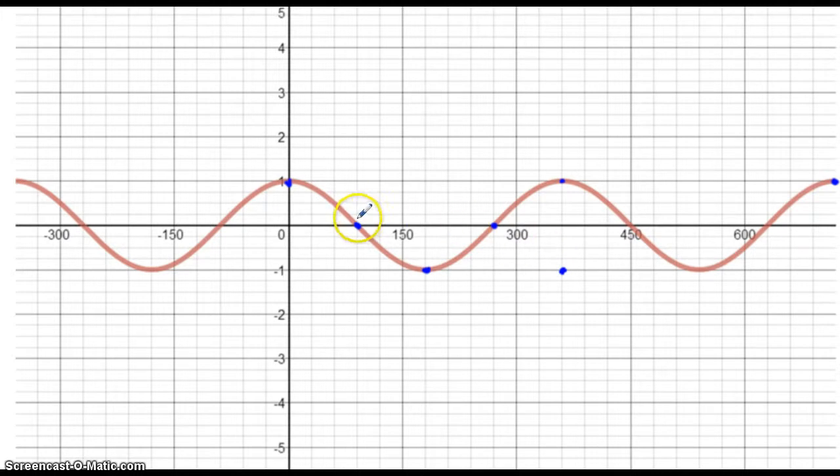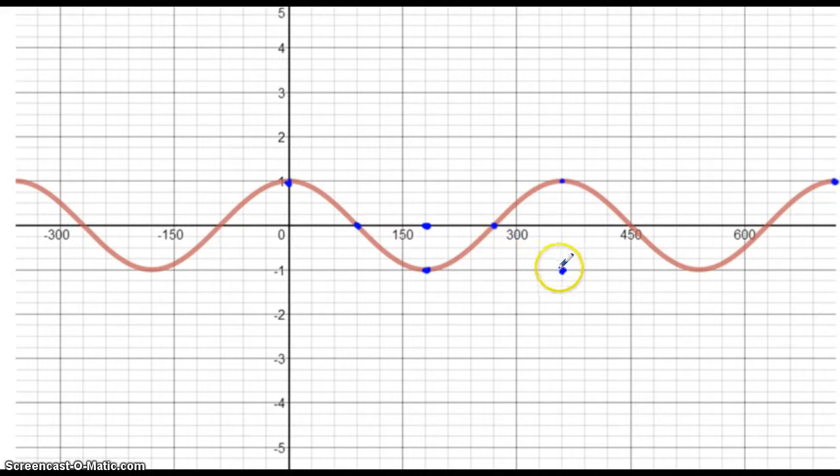Our intercepts are halfway between the beginning and the midpoint, so our new intercept will be at 180 degrees. Our second intercept is halfway between the midpoint and the end of our cycle.